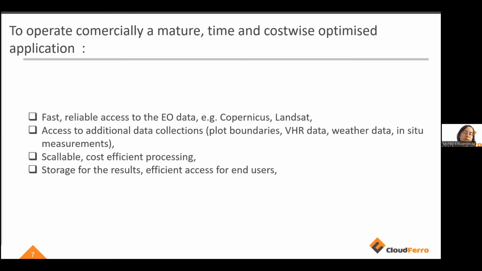Then you may need additional data collections, like for agriculture, you need plot boundaries, you need high resolution data, you can need weather, some in situ measurements, so you need to be able to incorporate additional data.